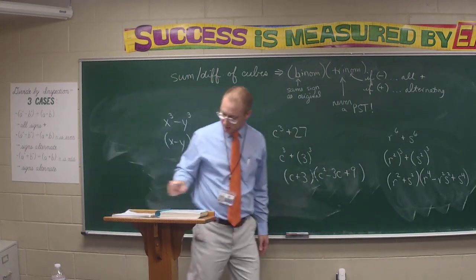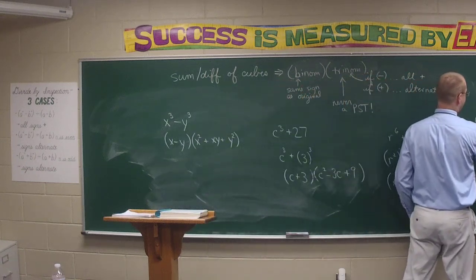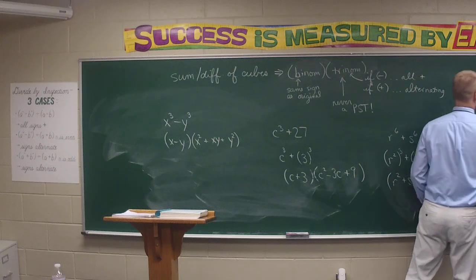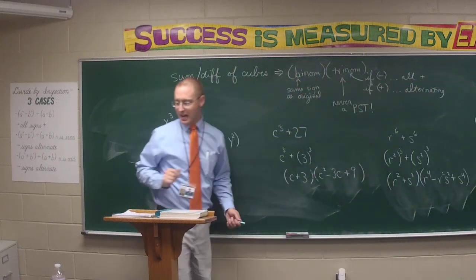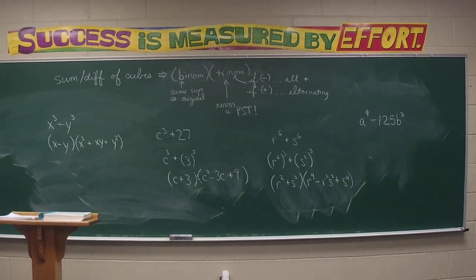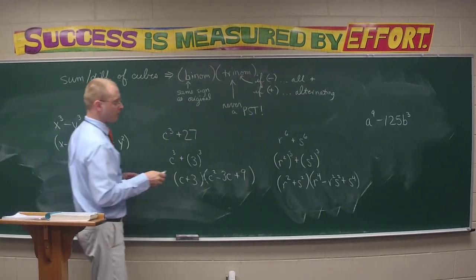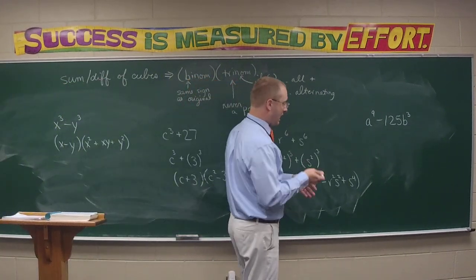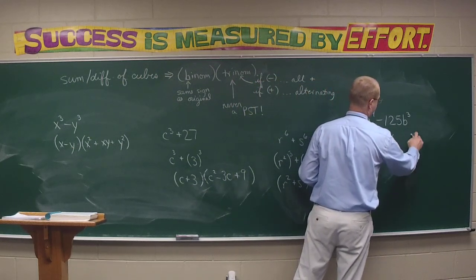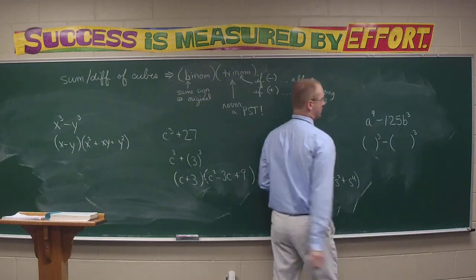How about this one then? A to the 9th minus 125 b cubed. A to the 9th minus 125 b cubed. Take the time, write it as something cubed minus or plus, in this case minus, something cubed.